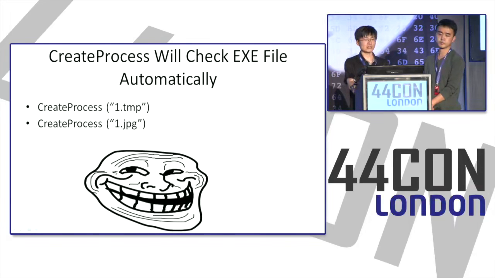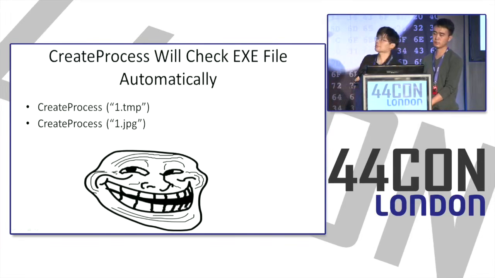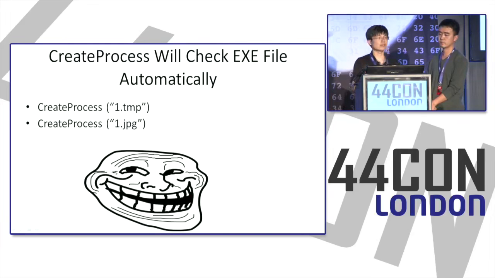But that's not a big problem, because CreateProcess will automatically check the PE file for us. So we can just drop a PE file named, say, 1.txt or 1.jpg or whatever. And we create a process on this file, and it will correctly execute this file as a PE file.